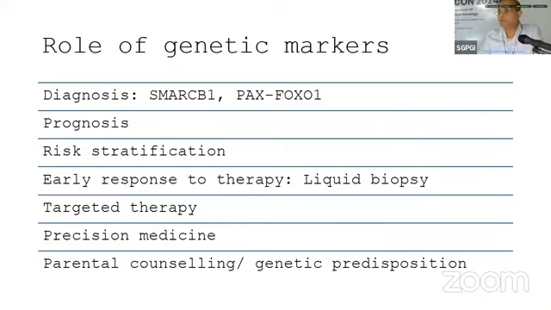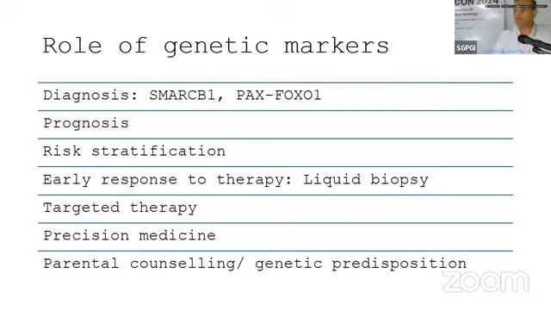Then targeted therapy. Professor Samir Bakshi has already talked about the role of immunotherapy and how we can target it. If we are able to take out this aspect of the genetic changes and use it in targeted therapy, the chemotherapy-related toxicity can also be decreased. Then precision medicine, which is individualized treatment.